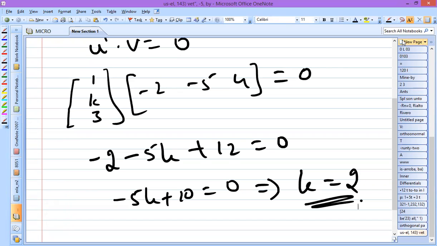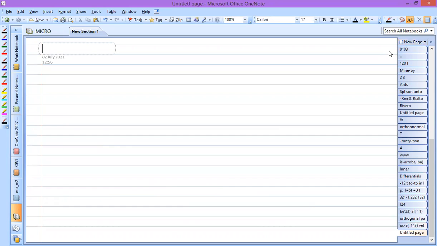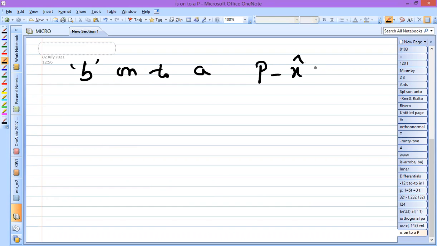Take the problem. Project B onto A. And also compute P is equal to XA. Find the error vector.